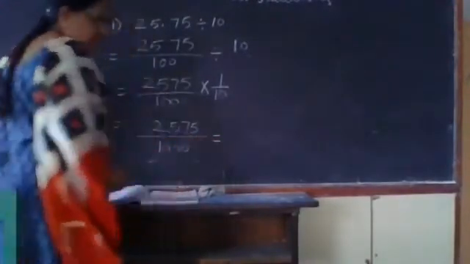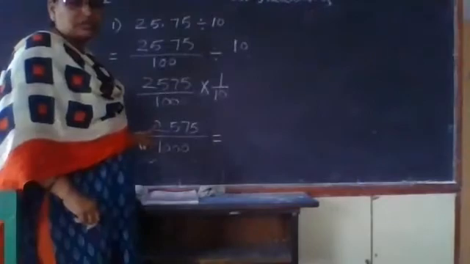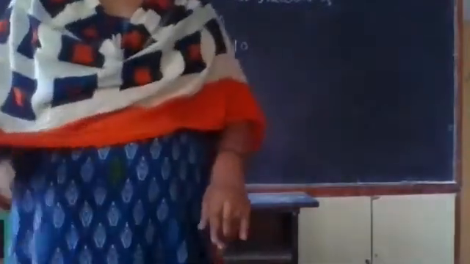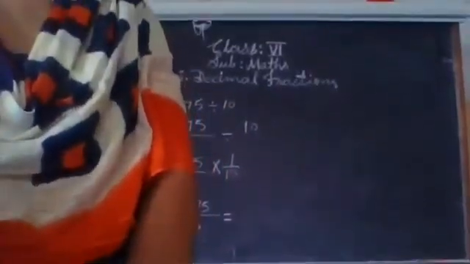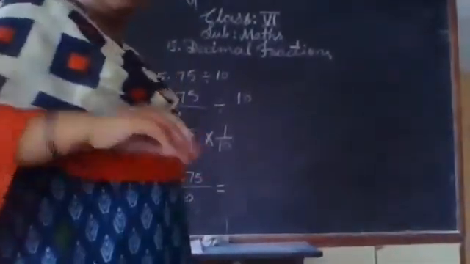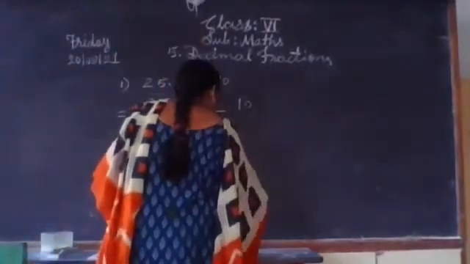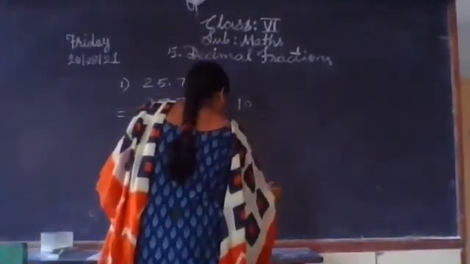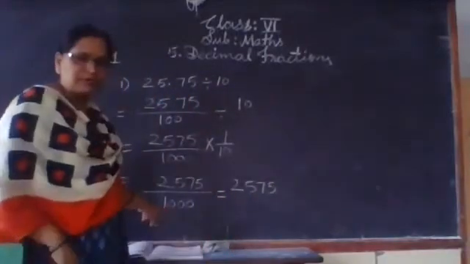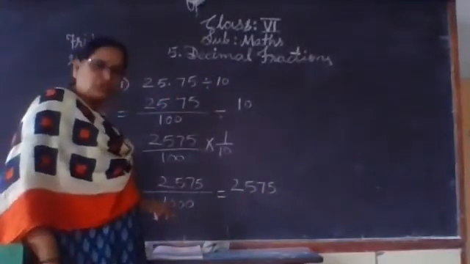And for the answer, write down this numerator as it is without the decimal point. So it is 2575. And see, count the number of zeros: 1, 2, 3.